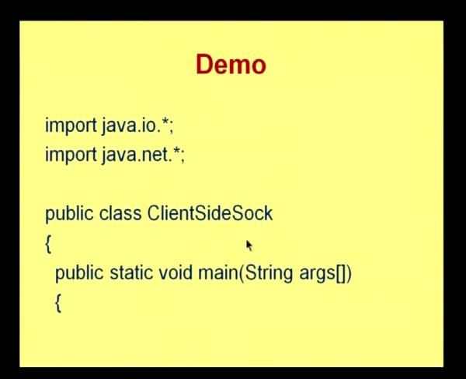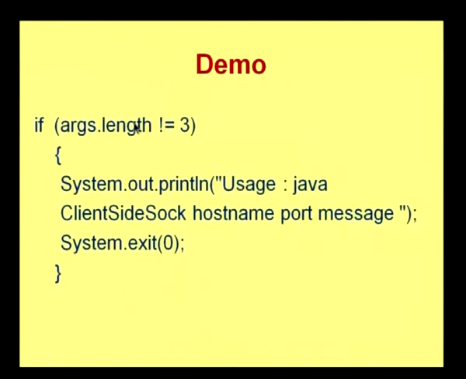Now I have a class ClientSideSocket, and in my main method I am receiving 3 arguments. These 3 arguments mean that I should give java, the program name ClientSideSocket, my host name, then the port and the message I need to send. This is the way in which you have to run your program.